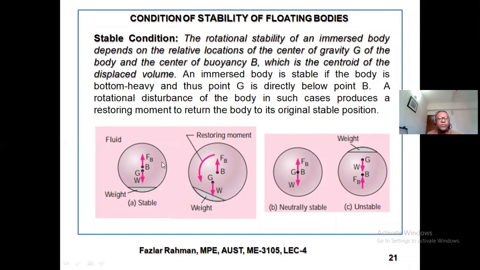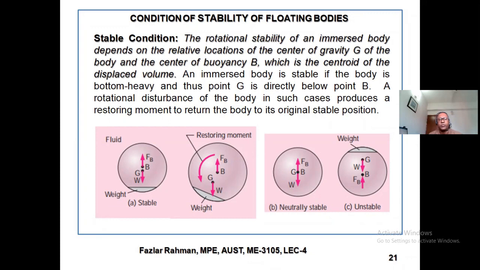How? Say a ball with the bottom portion a little bit heavier, so weight is working downward through the center of gravity, and buoyant force is working upward, but both points are on the same line. If you make a line, they are concentric, or the line of action is the same.